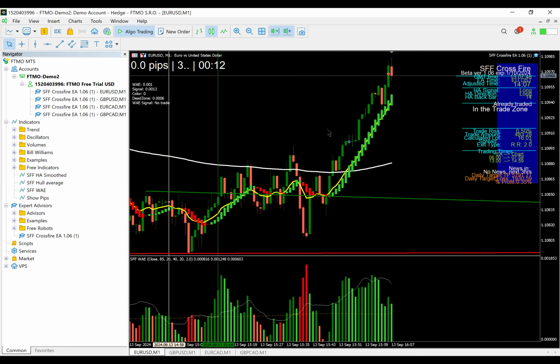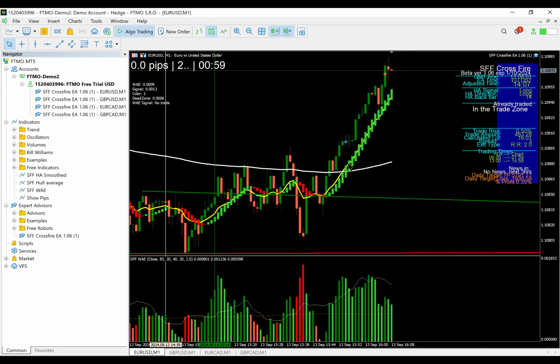So I wouldn't be able to get in for another trade. I could get in on a manual trade, I guess, but using the trading assistant, because that crossover occurred 12, 14 candles away, it's not going to let me get in.